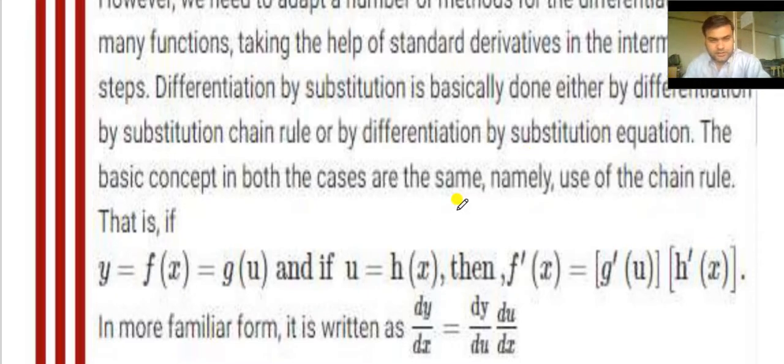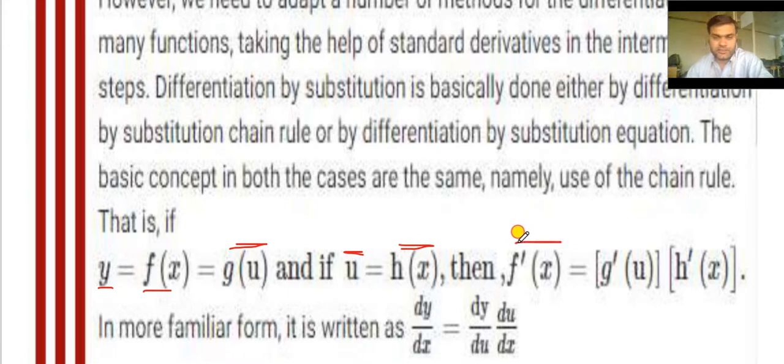In this method, suppose we are given y = f(x), a function of x. In that case we assume this function f(x) as g(u), where u is a function of x.